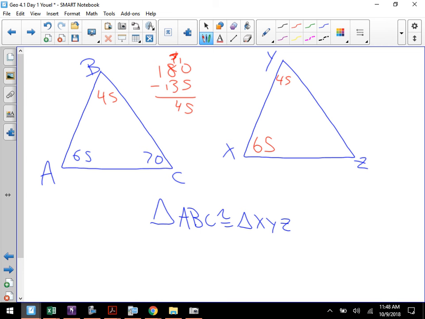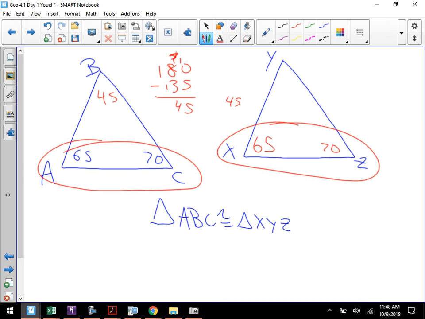Okay. And this has to be here. Now, if you only knew these two angles, don't the other two angles have to be the same value? No matter what, because how many degrees are in a triangle? 180. Does that ever change? No. Well, can, but we're not going to worry about that.